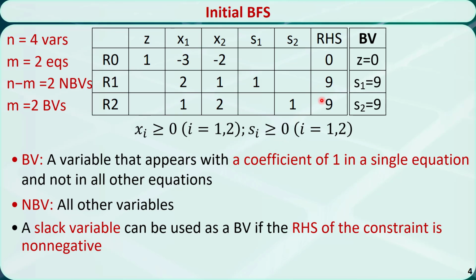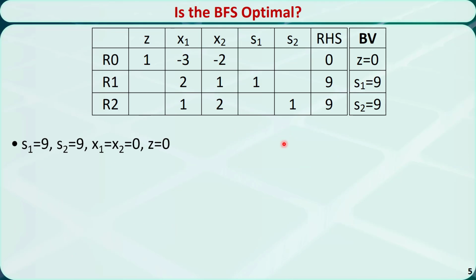If the right-hand side is negative, then you cannot use a slack variable as a basic variable because it will violate these sign restrictions. Let's write out this basic feasible solution. s1 is equal to 9, s2 is equal to 9, x1 and x2 are equal to 0, and z is equal to 0 for this basic feasible solution.